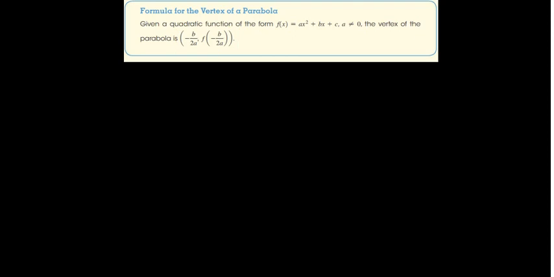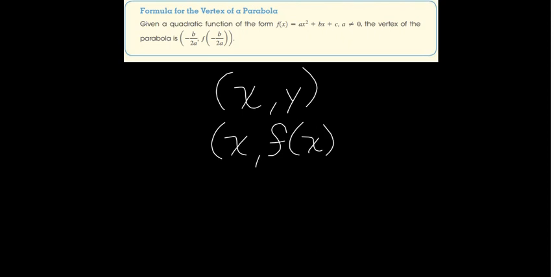We know that whenever we graph a point, we graph the points in the form x, y. We also know that y is basically the function of x, right? So this is basically the exact same thing as x and f of x.